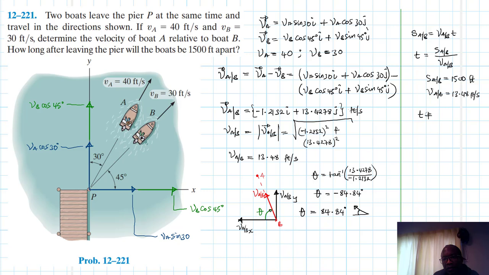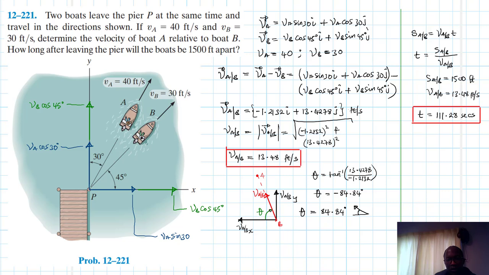So the time is 1500 divided by 13.48, which gives 111.28 seconds. This is the time it takes for the two boats to be 1500 feet apart.